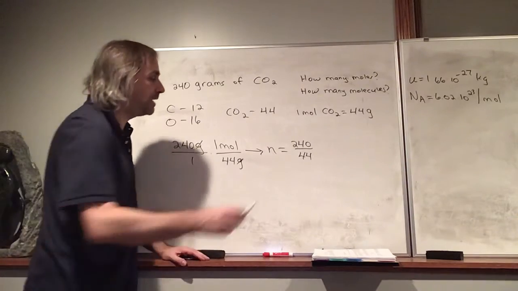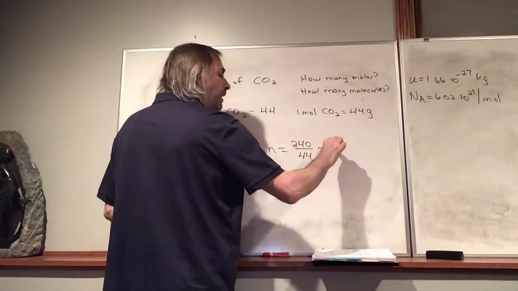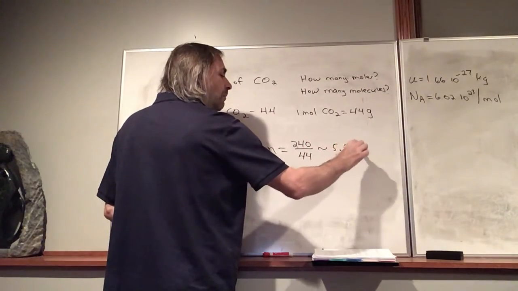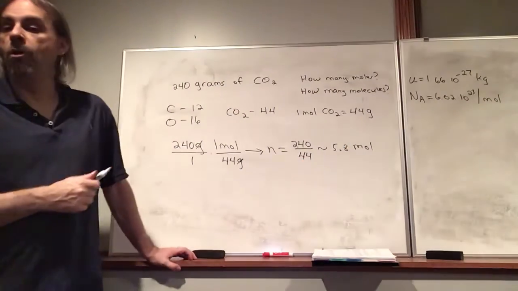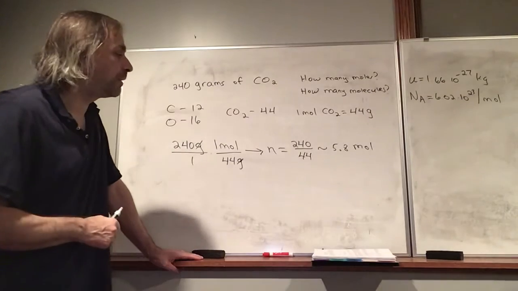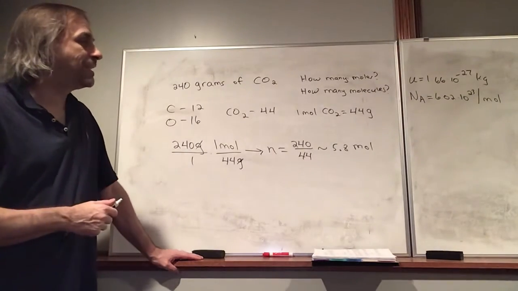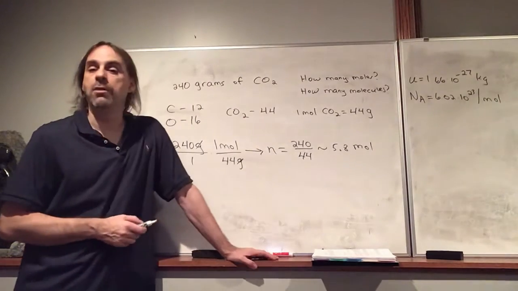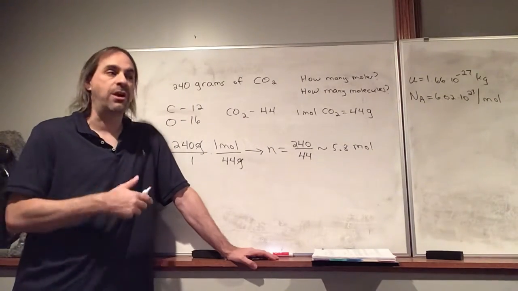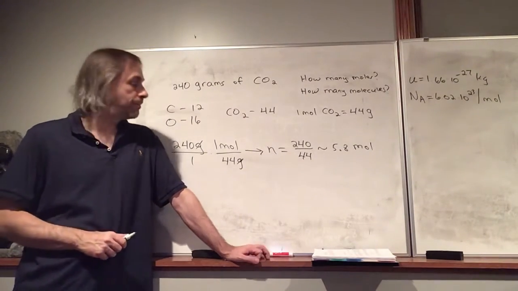This will be a little bit less. Let's say around 5.8. And we use mol for mole, a little shorthand. So lowercase n is the number of moles, and an uppercase N would be the number of atoms or molecules, just in general, the number of particles.